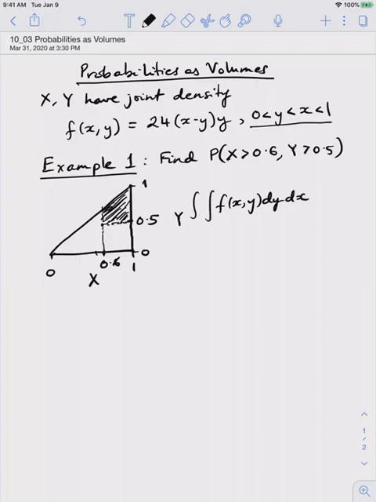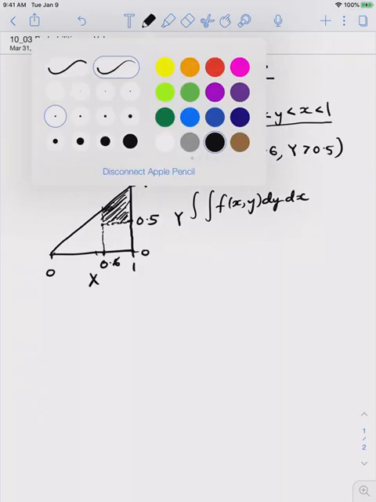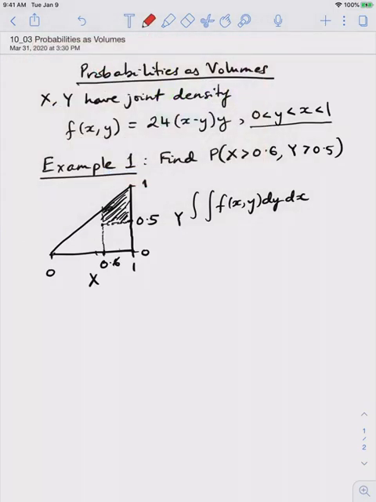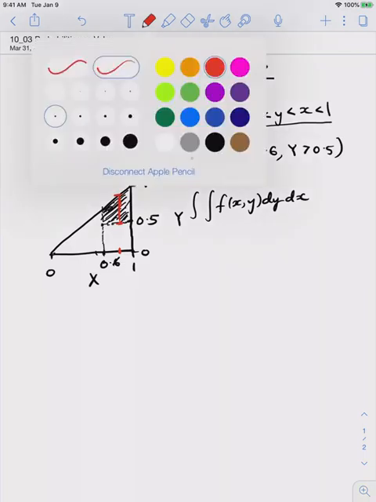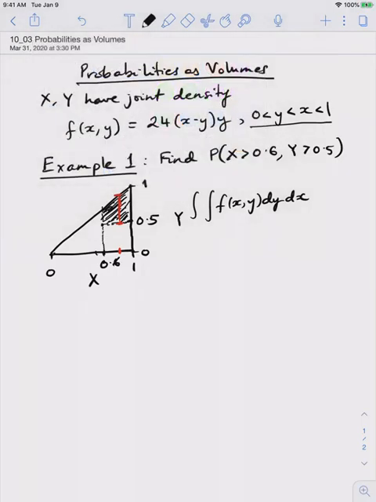All right, so let's see. If we fix x here, then y can be anywhere here, and so the smallest it can be is 0.5, and the biggest it can be is this level, which, as we've seen before, is the same as x, because the diagonal line is the x equals y line.